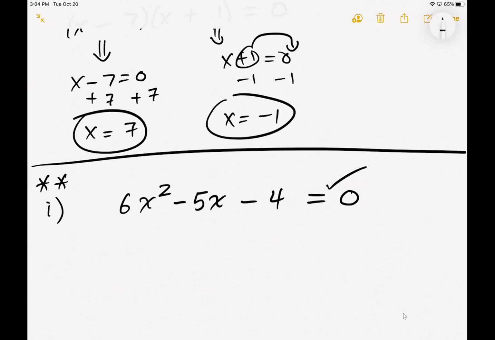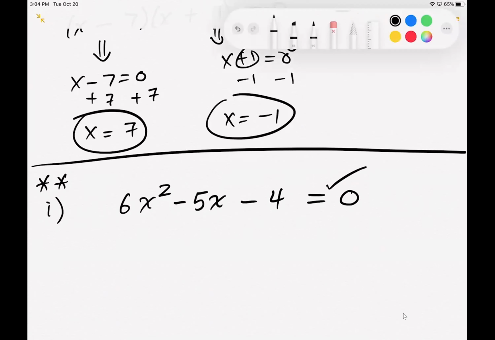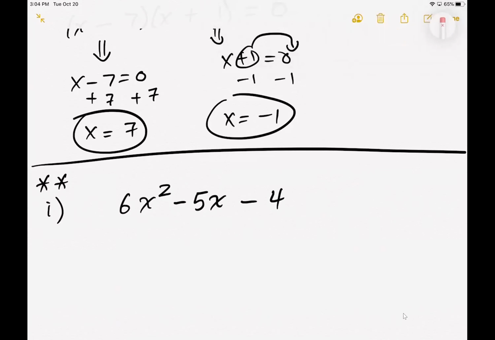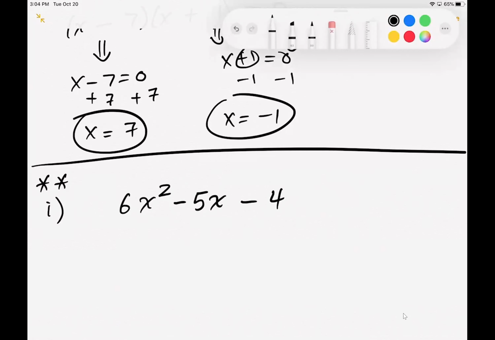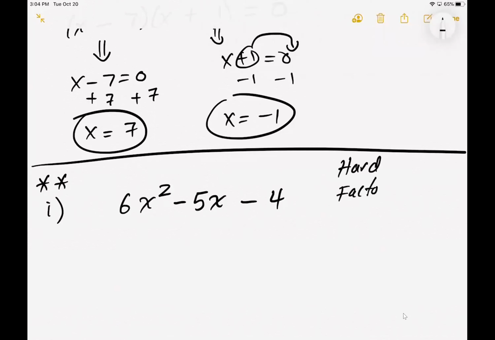Why? Because if you take this thing away, and I ask you, is this a hard factor or an easy factor? You will tell me that this is a hard factor. Why is it hard? Because there is a number in front of the x squared, and this is what we did yesterday.